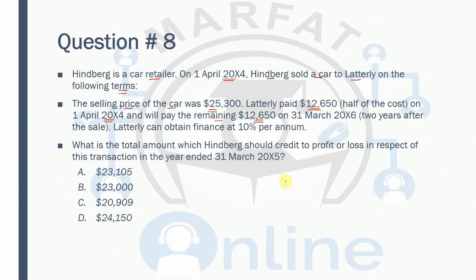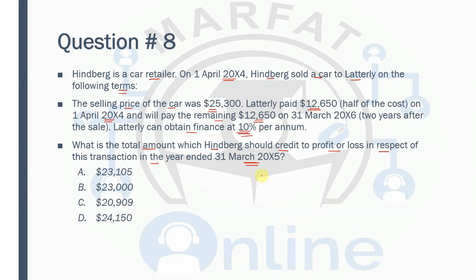So we know that IFRS 15 says regarding the financing component that you have to calculate the present value. Latterley can obtain finance at 10%, so this is the discount rate which has already been given. What is the total amount which Hindberg should credit to the profit or loss in respect of this transaction in the year ended 31st March 2005?